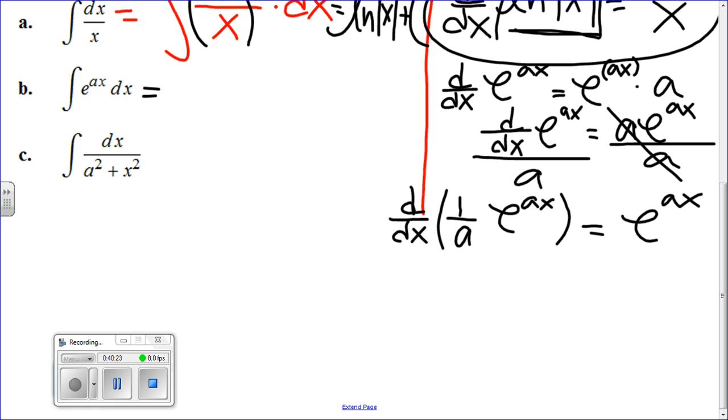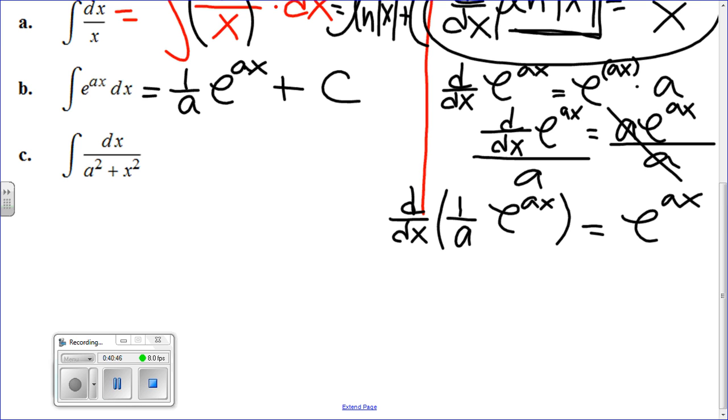Except that instead of what you commonly do when deriving with the chain rule, multiplying by a, think of the inverse of multiplication, so you divide by a. So it's going to be 1 over a e to the ax plus c.